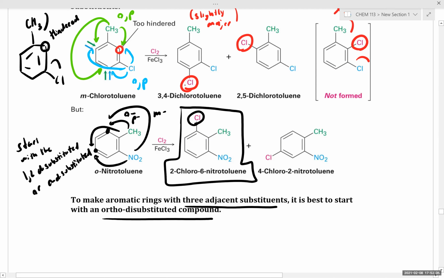So essentially, if you want to make a tri-substituted aromatic ring with 3 adjacent substituents, you need to start from the ortho-disubstituted compound. Otherwise, you'll never be able to install your last substituent due to steric hindrance. Does that idea make sense? Yes. Thank you. Perfect. Did I address the question in the chat as well?